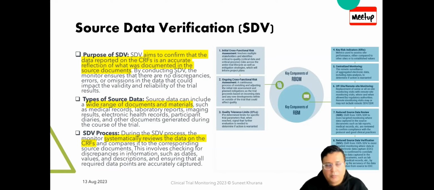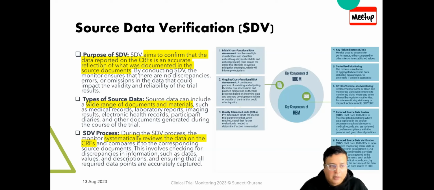So earlier, maybe 10 years ago, the monitor used to go on sites and check all the records of all the patients, and it was a very time-consuming process. It was very counterproductive. So over the years, a new way of monitoring has evolved, which is called risk-based monitoring.